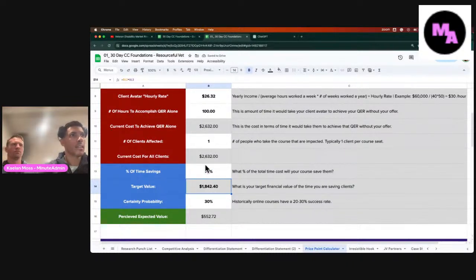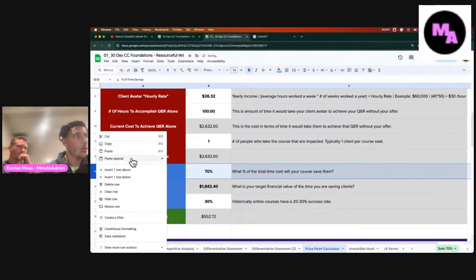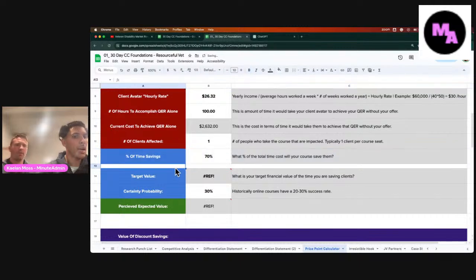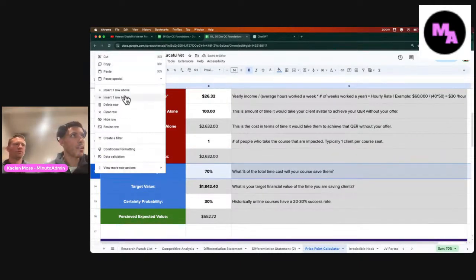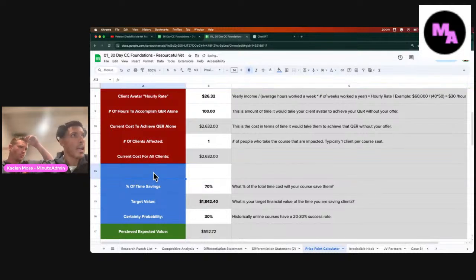So we need to put a calculation in there. We need to put equals. We need to put something above here. That's interesting, in this course they don't have a row above, which is the number of hours to accomplish the course with the course, 30, right?